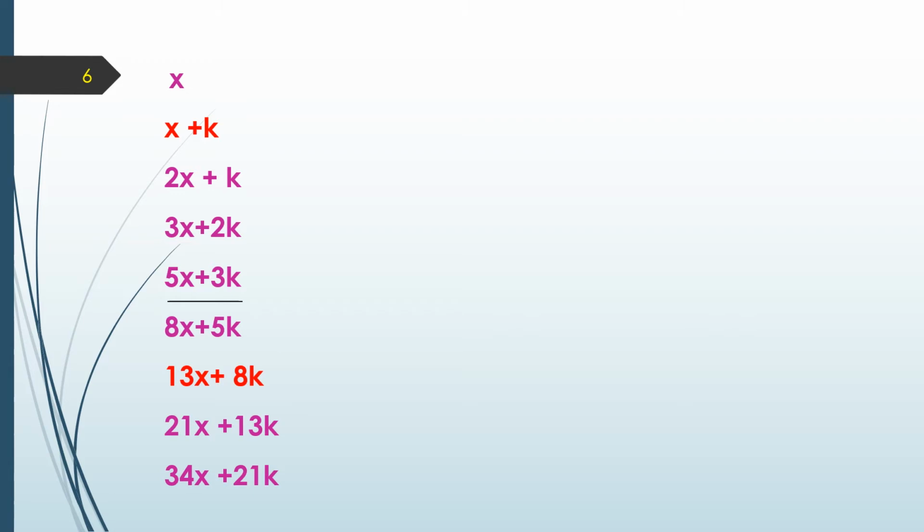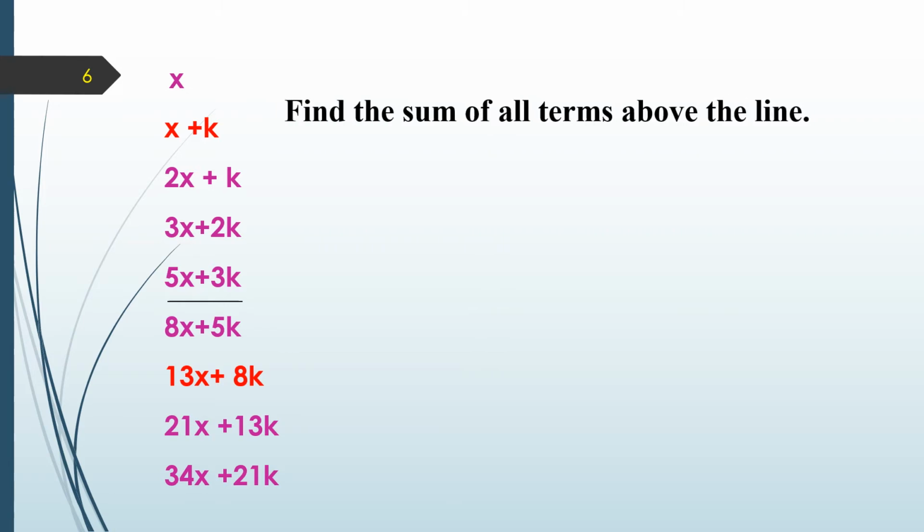Let us find the sum of all the terms above the line, which will give 12x plus 7k. x plus k plus 2x plus k plus 3x plus 2k plus 5x plus 3k is equal to 12x plus 7k.